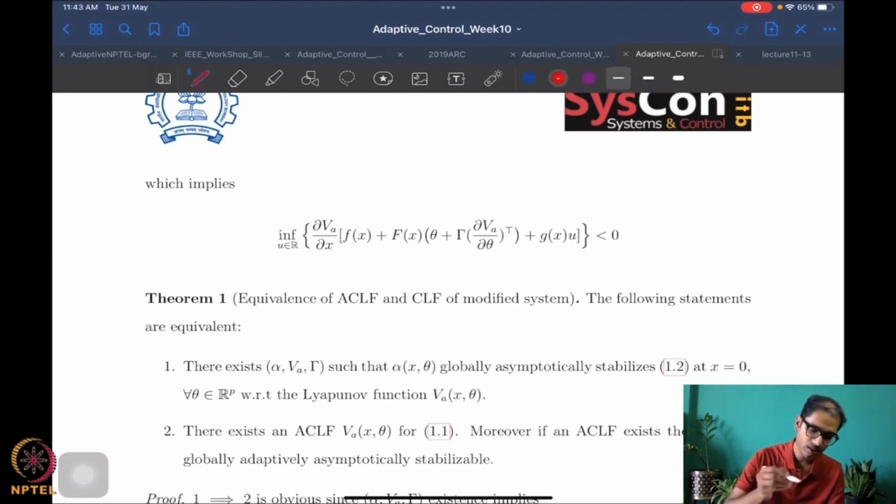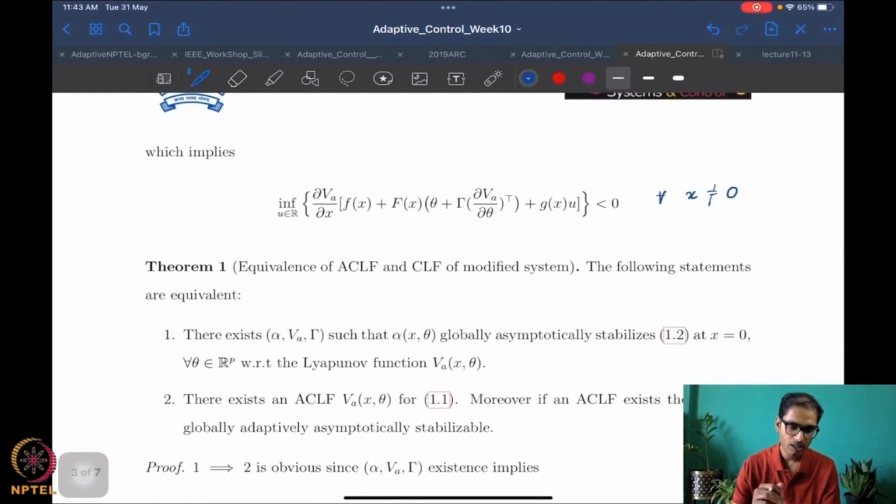To be more precise, this holds for all x not equal to 0, for all non-equilibrium values. At x equal to 0, we don't need this to hold, because V dot may be 0 at x equal to 0. So this has to hold for non-zero x only.